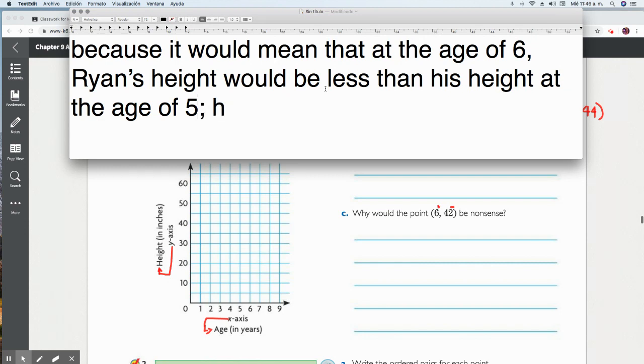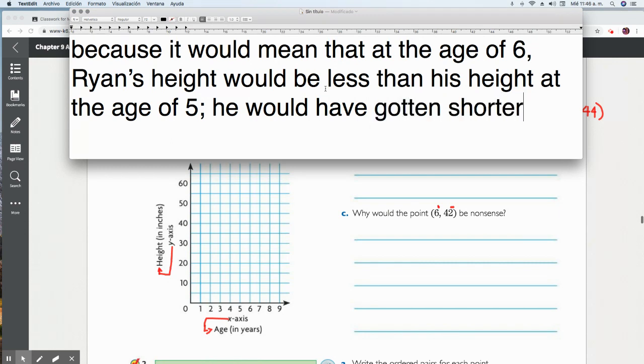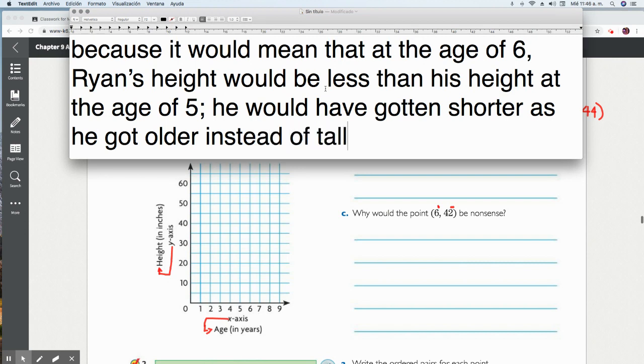So he would have gotten shorter as he got older instead of taller. So that's why this is nonsense. You cannot get shorter as you get older. You have to grow up, of course. Again, feel free to pause the video right now so that you can copy this answer for letter C.